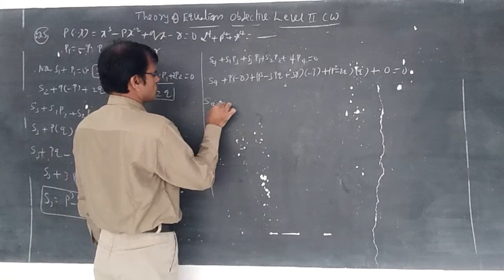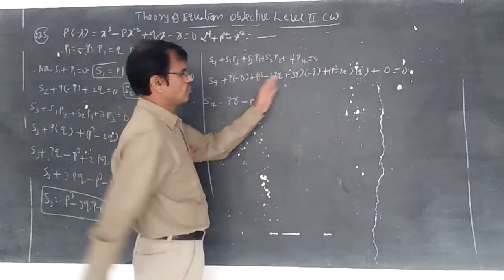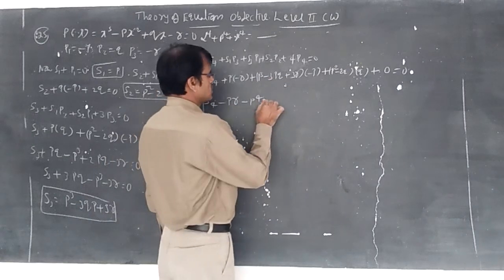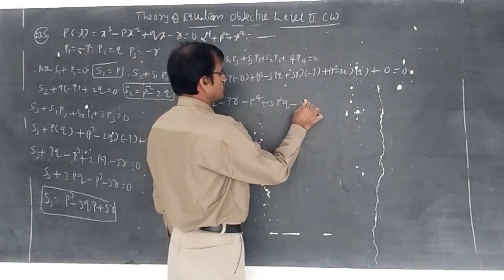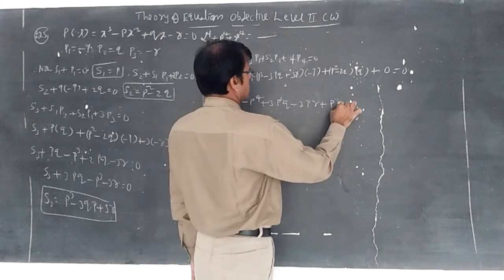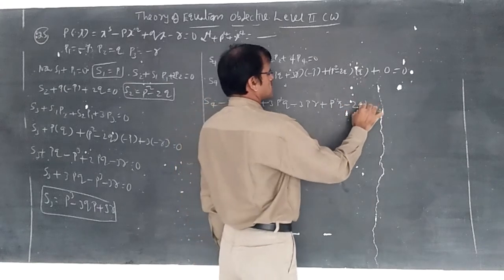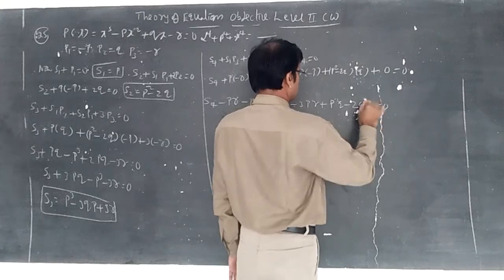Now we can write S4 minus PR minus P power 4 plus 3P square Q minus 3PR plus P square Q minus 2Q square equal to 0.